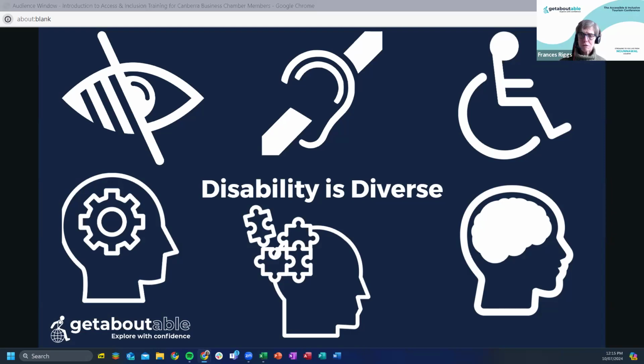Intellectual disability, for example, Fragile X syndrome, Down syndrome, developmental delay, Prader-Willi syndrome, for which there are many symbols, and this one is of a head with an image of a brain therein. Does anybody have any comments or thoughts about the diversity of disability that I'm just outlining here? It's just a representation. It's not absolutely inclusive of all possible disabilities.